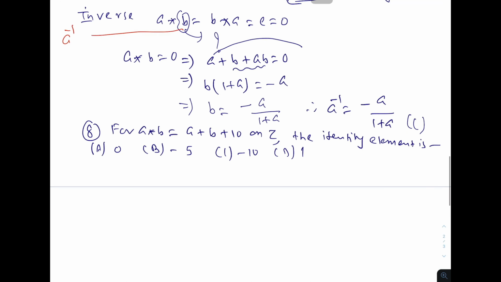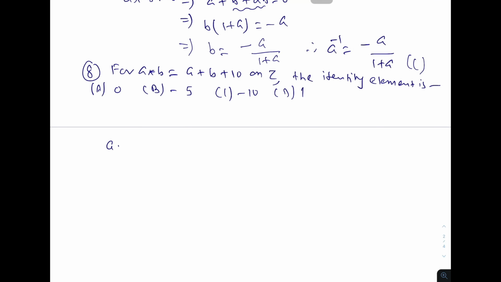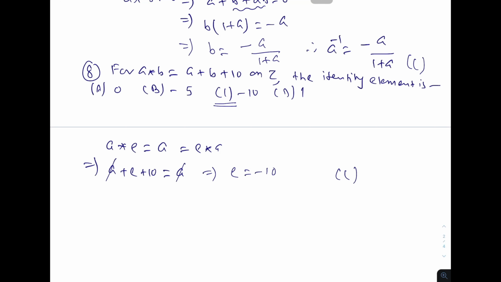So identity is very easy to see. A star E should be equal to A, and so that is nothing but A plus E plus 10 equal to A, and that would imply this A cancels, E equal to minus 10. So this minus 10 is the identity element.